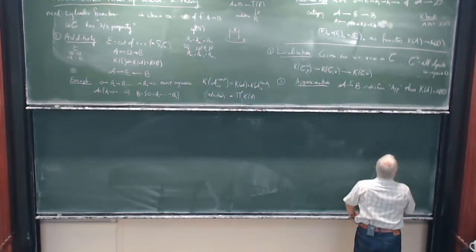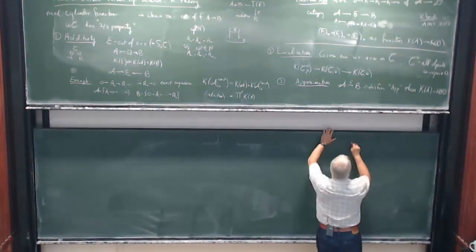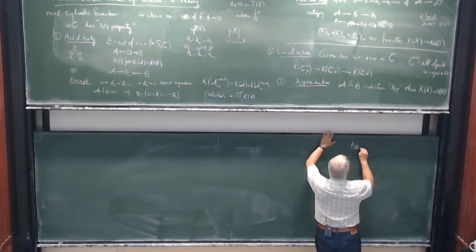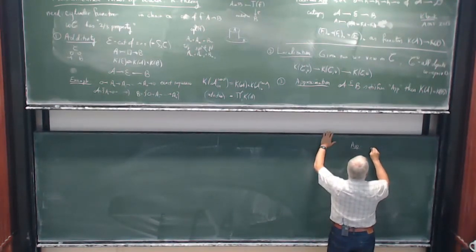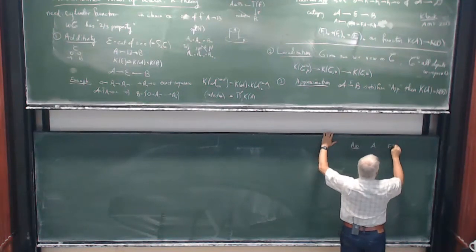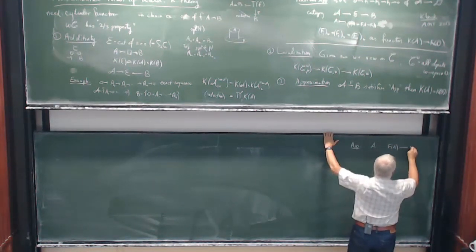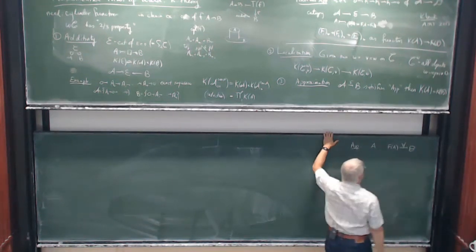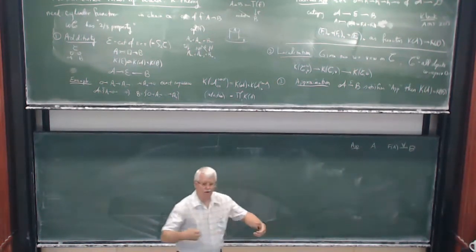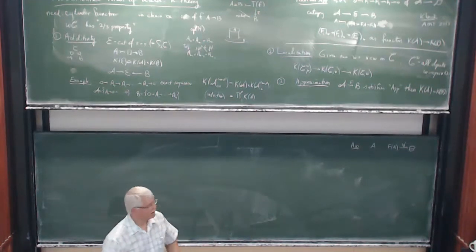So if you're given A and a map from F of A to an object in B, so I'm not going to write out in all words what this is, so I'm just going to write it symbolically.